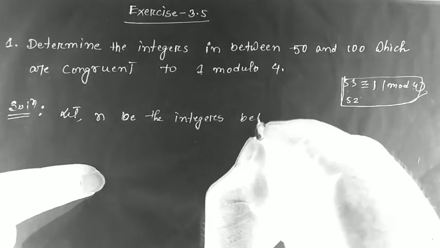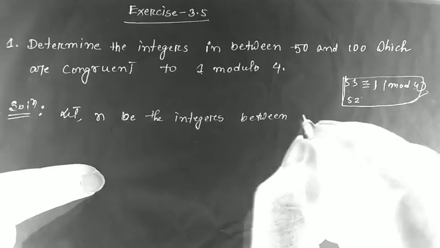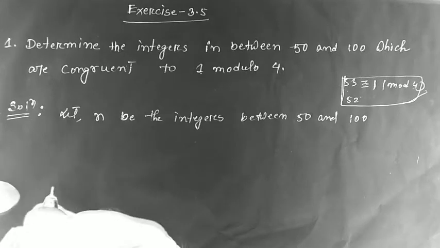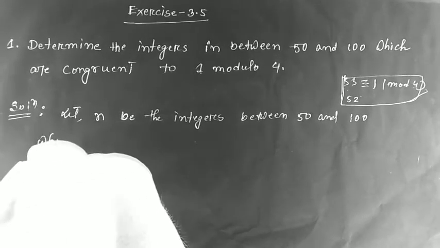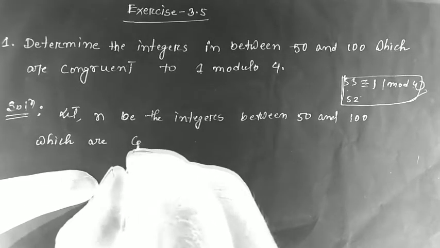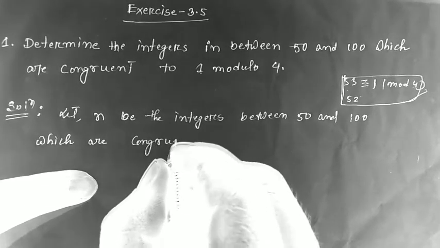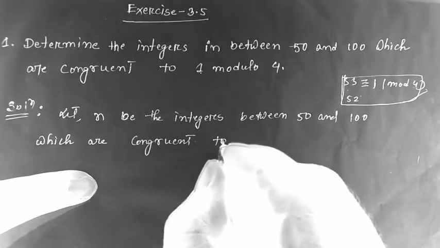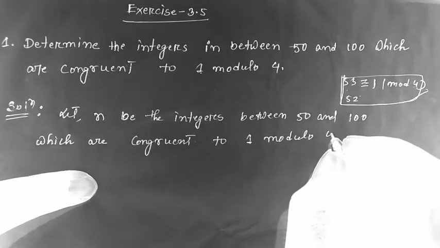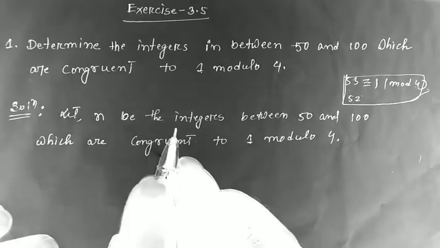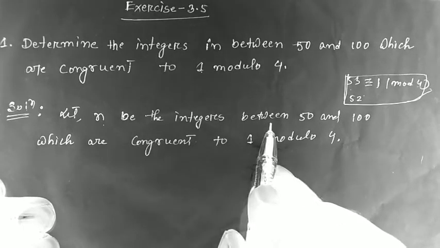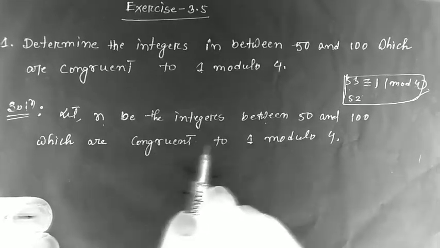So n be the integers between 50 and 100 which are congruent to 1 modulo 4. What have we considered? n is an integer congruent to 1 modulo 4.